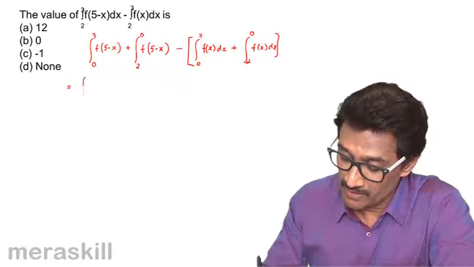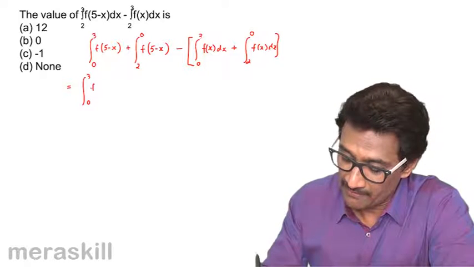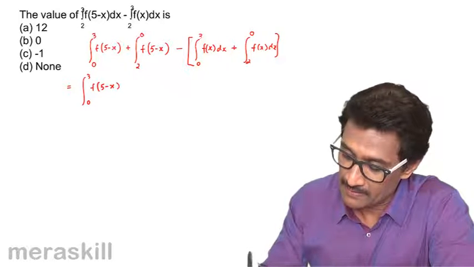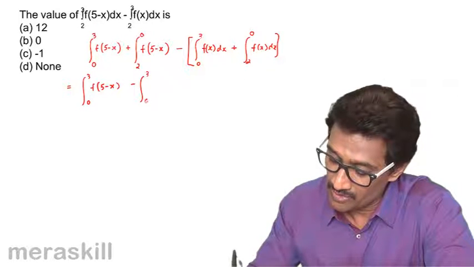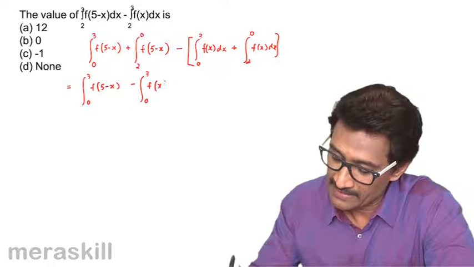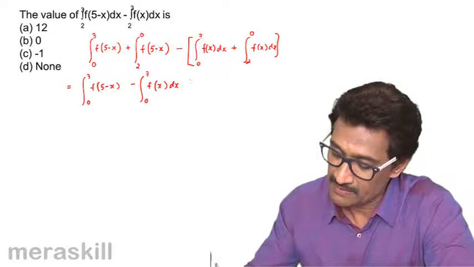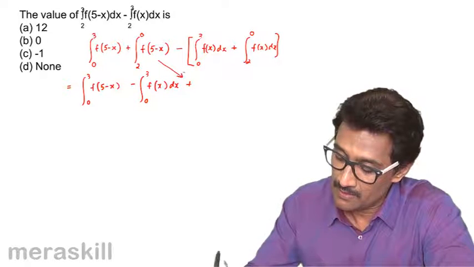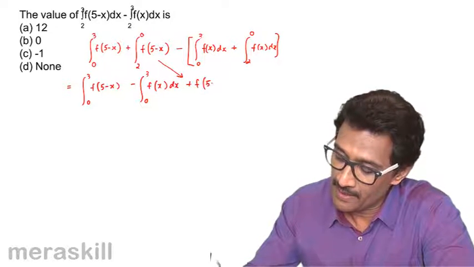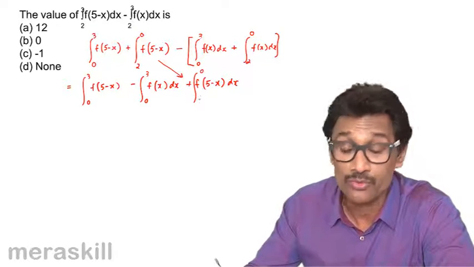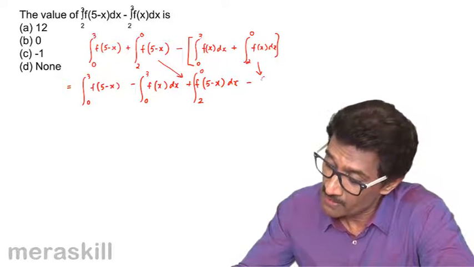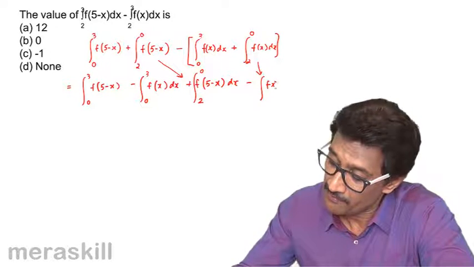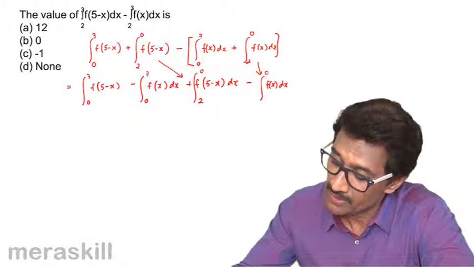This is going to be integral of 3 to 0 f of 5 minus x, minus integral of 3 to 0 f of x dx. Then f of 5 minus x dx in the domain 0 to 2, minus f of x dx in the domain 0 to 2.